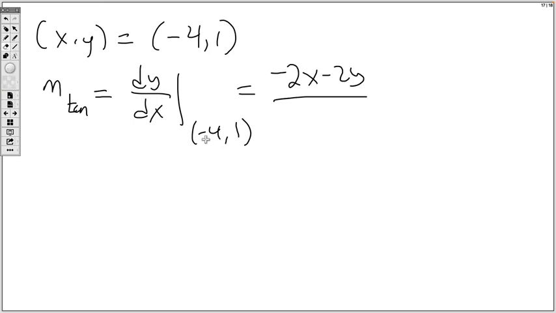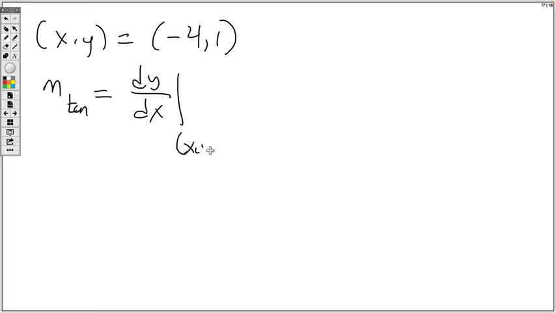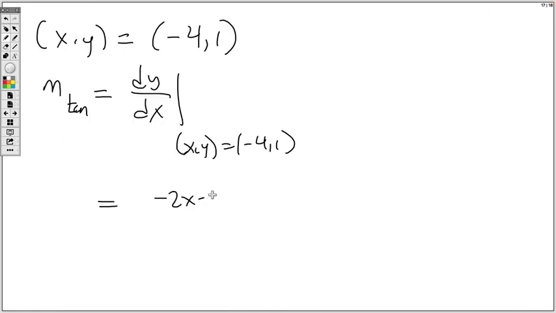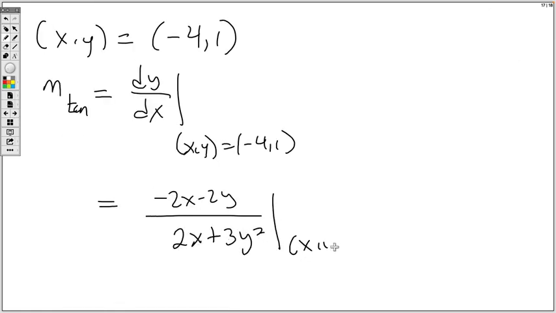I should be specific here, since there's lots of letters running around: (x, y) is (-4, 1). So that would be (-2x - 2y) all over (2x + 3y²), evaluated at the point (-4, 1).